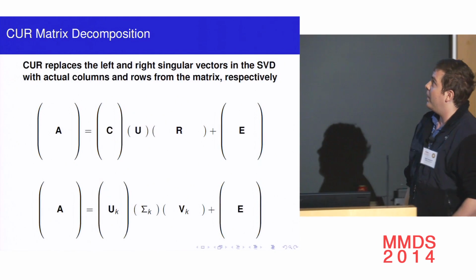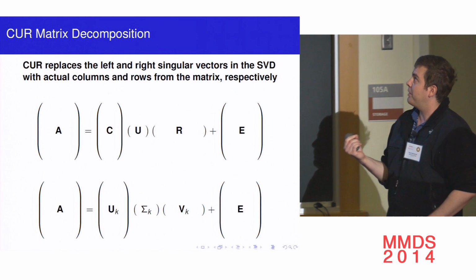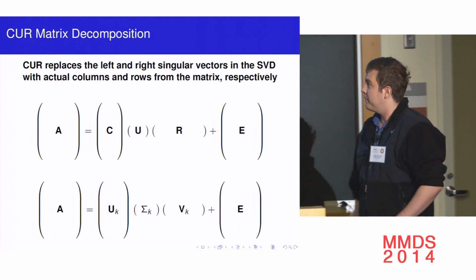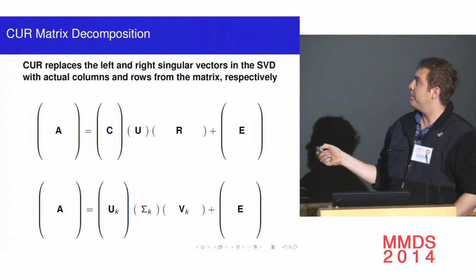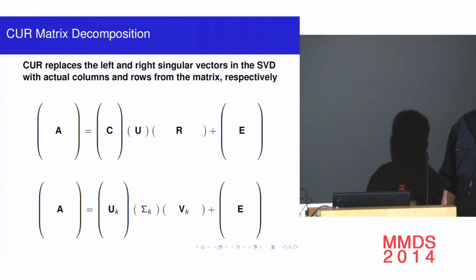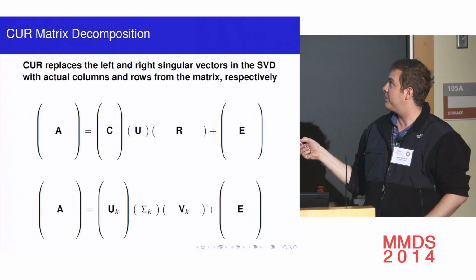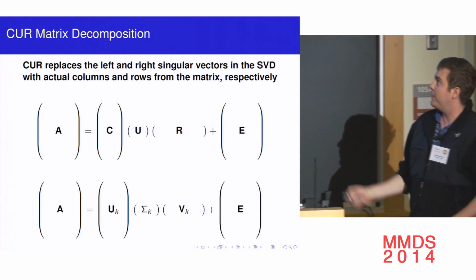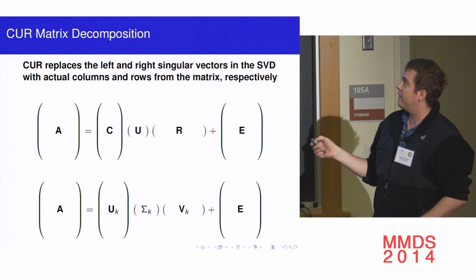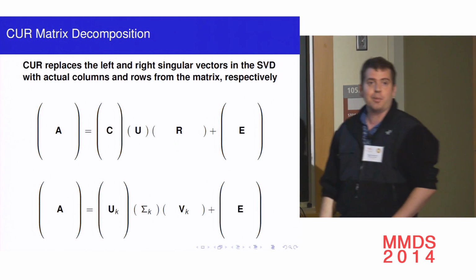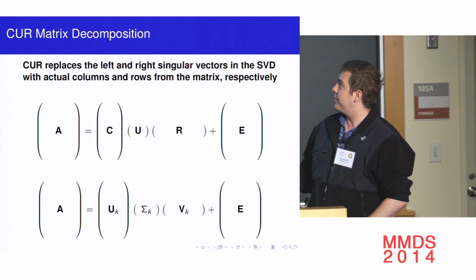Okay, so like I said, we're looking at the CUR matrix decomposition. So what is that? It again tries to approximate A by a product of three matrices. This time, I'm going to call them C, U, and R. And the hope is that this product CUR is such that the error term E has small norm. Now what is C?